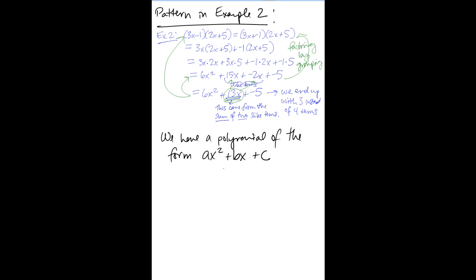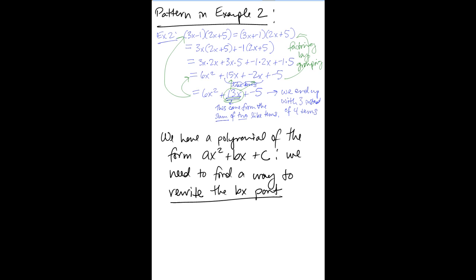So what we need is, we need to find a way to rewrite the bx part as the sum of two terms. And we need to be able to pick those terms precisely so that we can factor by grouping.